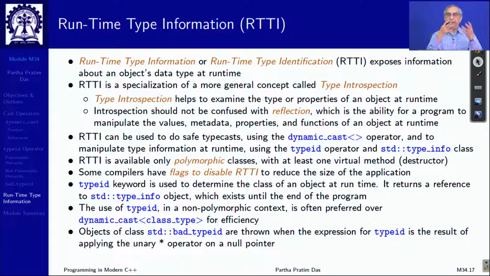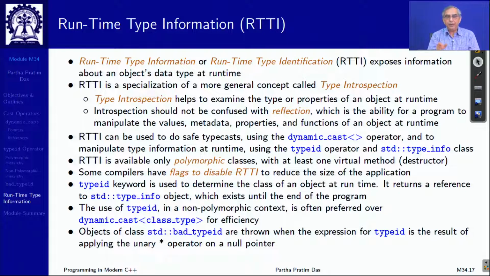Whenever an object is given to RTTI either through the downcast operator, through the pointer or reference, or through the type ID operator, if it is a polymorphic object, it will naturally have the pointer to the virtual function table.